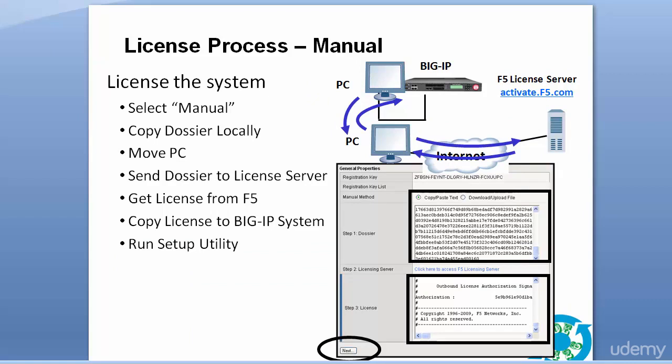The manual method creates dossier.do and license.txt files. When installing onto the BIG-IP, the license file must be config/bigip.license. When using the GUI to import a license, regardless of the name of the license, it will be converted to bigip.license on the BIG-IP system.